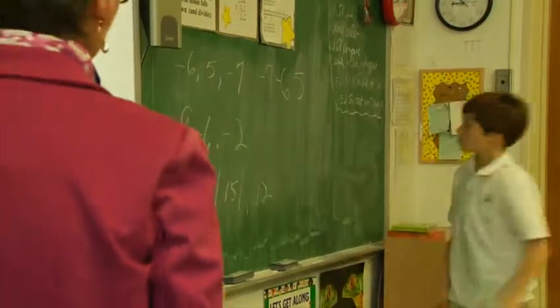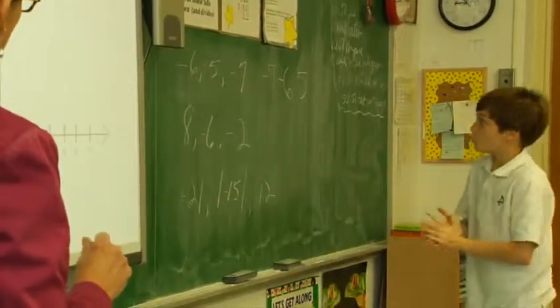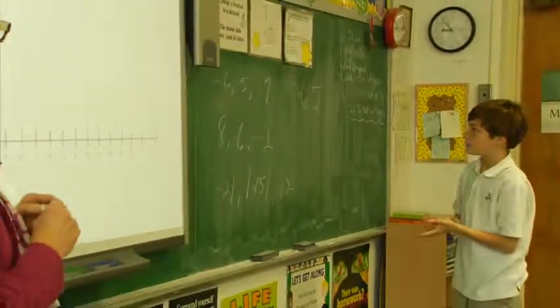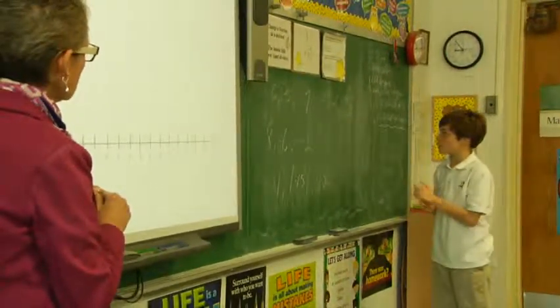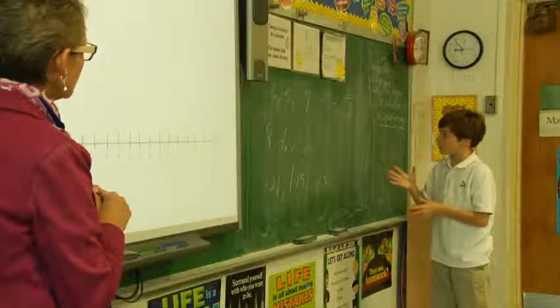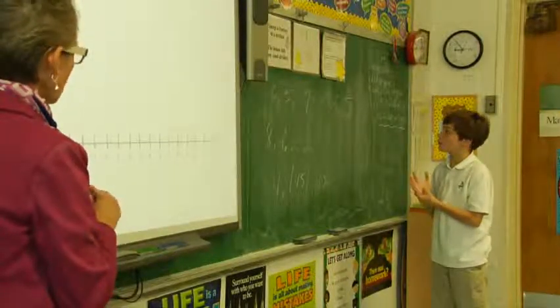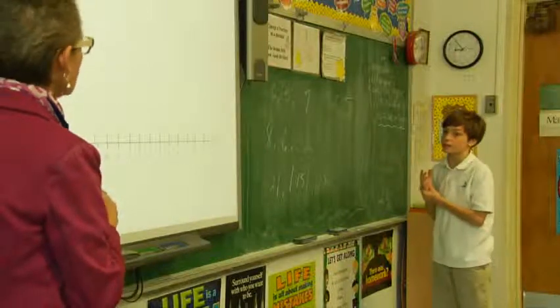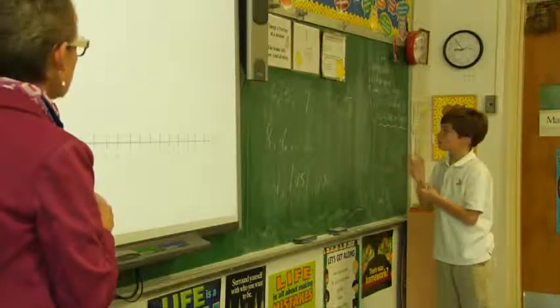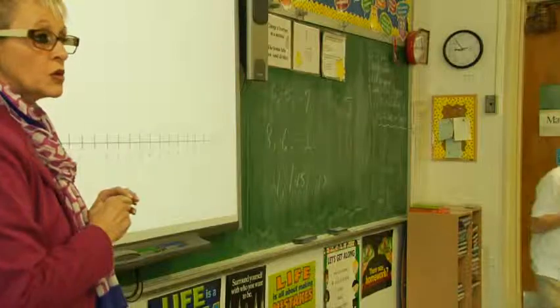And what was your strategy there? Well, I looked at the negatives first, and I figured out that negative 7 was less than negative 6, so I knew that negative 7 would go first, and then I knew that 5 would go last because it's a positive number.